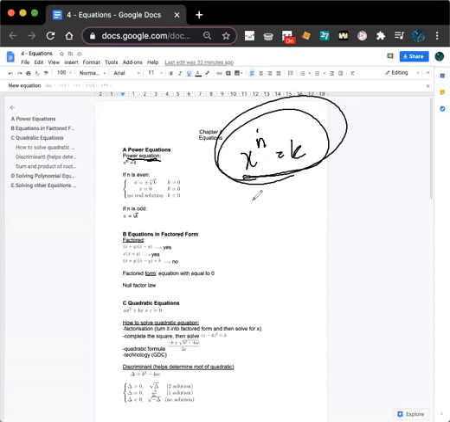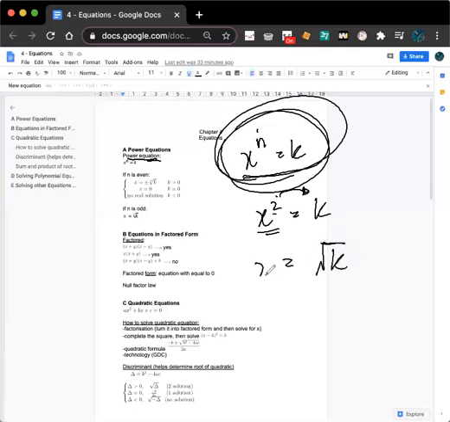So in this format, if you have x to the power of 2 equals k, then if you want to turn this power to the other side and make x the subject, you're going to have to square root the k. But you mustn't forget that the result can be positive or negative.